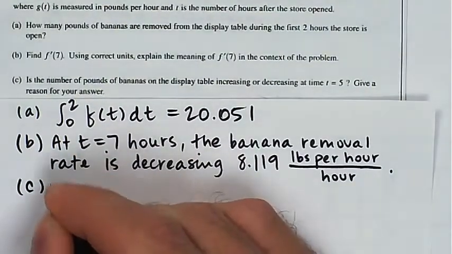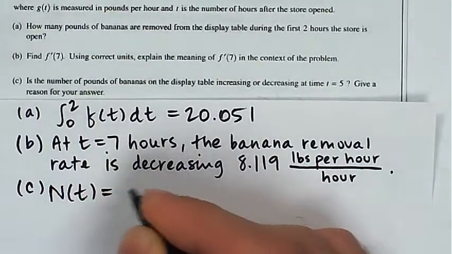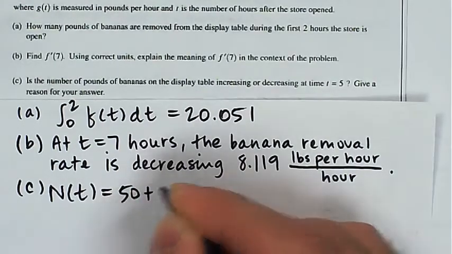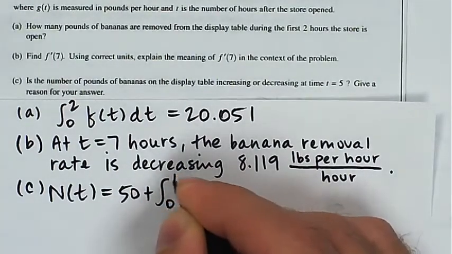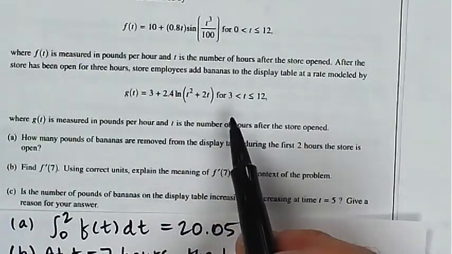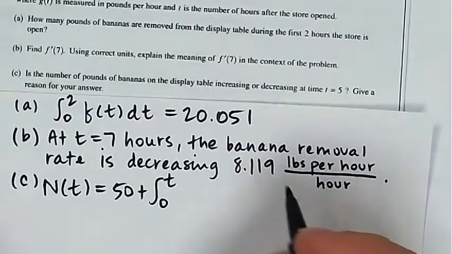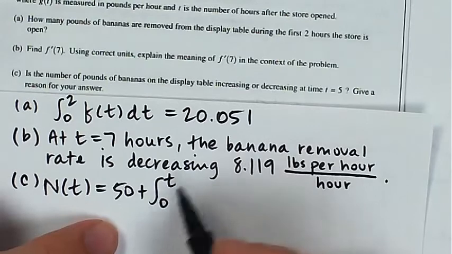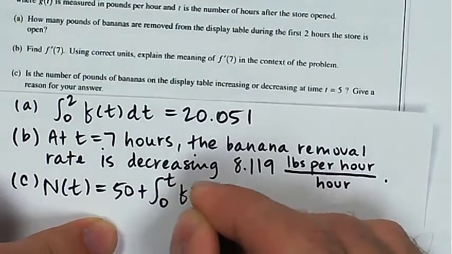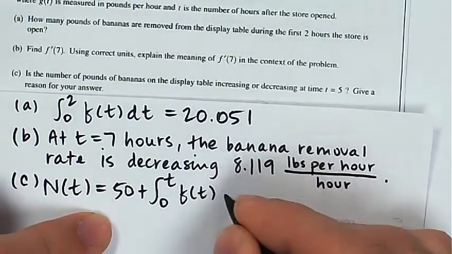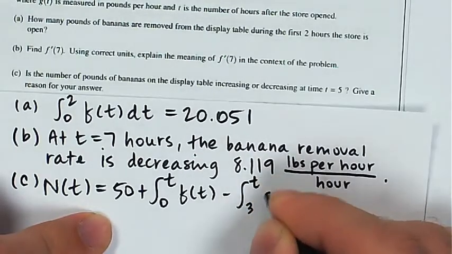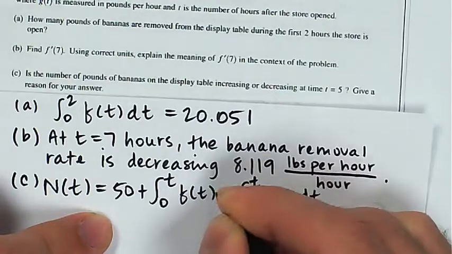Well, the number of pounds, which I feel like I'm going to need anyway, is going to be the number of pounds at the beginning, so 50, plus the integral from 0 to t of f of t, and then minus the integral from 3 to t of rate out. And I lost my dt. This one has a little offset in the time domains, so I need to integrate these separately.